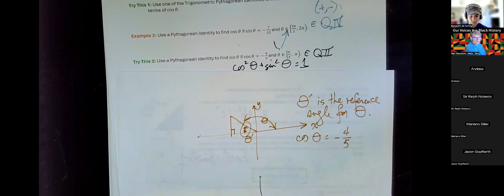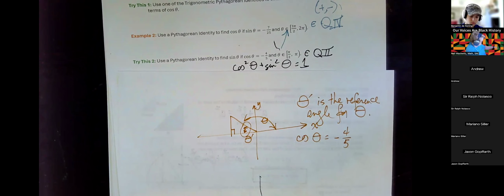How would we label the sides of this right triangle? If we know that the cosine of theta is -4/5, what is the right triangle definition for cosine?